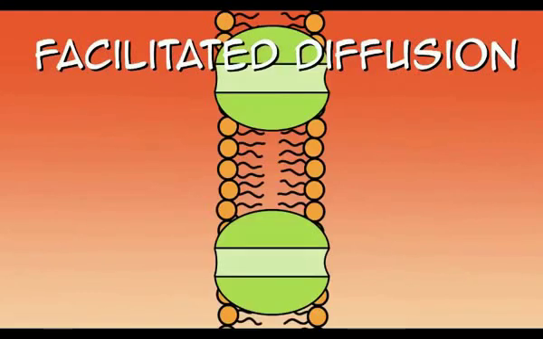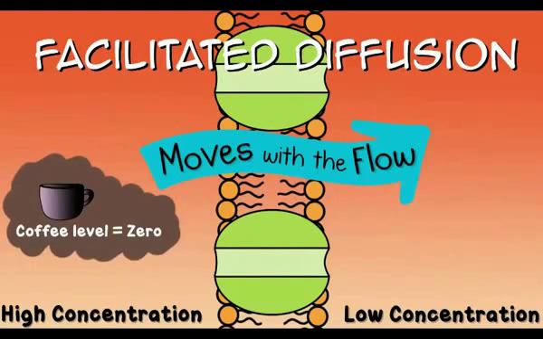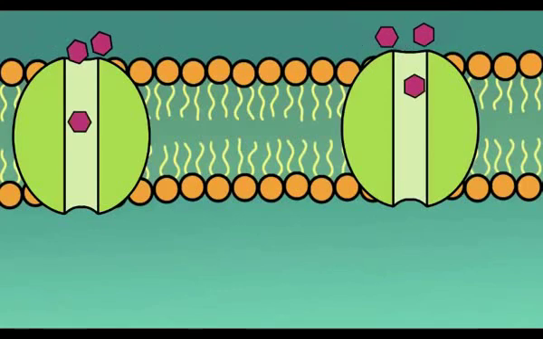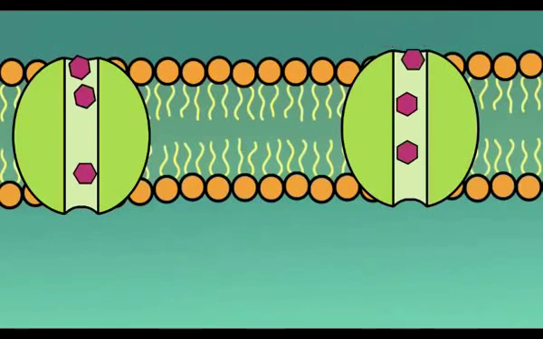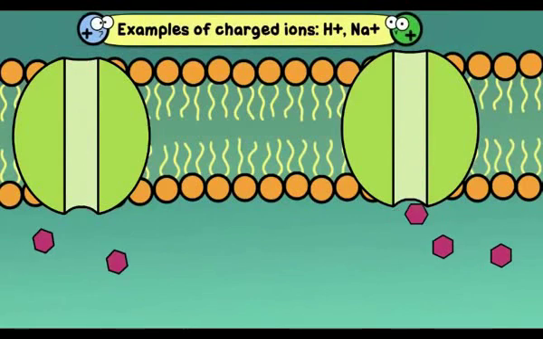This is known as facilitated diffusion. It's still diffusion, and it still moves with the concentration gradient of high to low. It doesn't require energy, though, so it's also a type of passive transport. It's just the proteins are facilitating or helping things pass. Charged ions often require a protein channel in order to pass through.